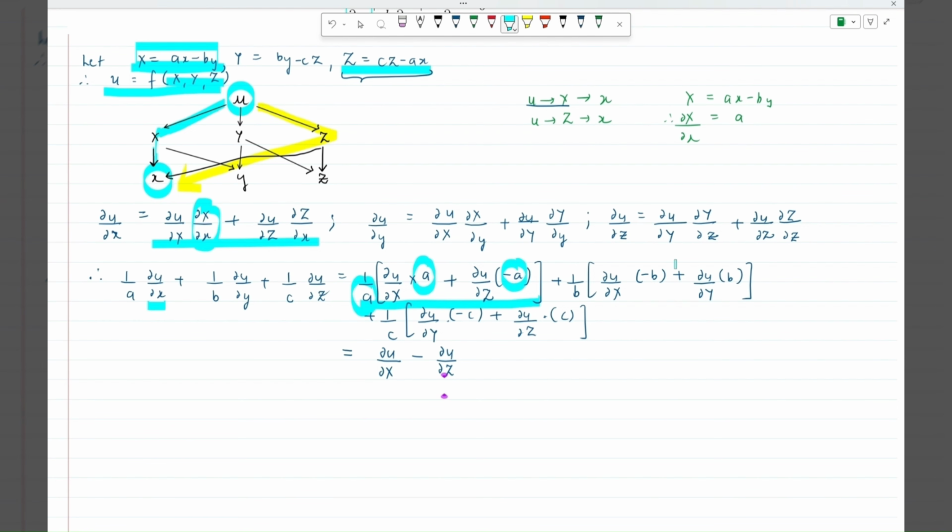Likewise from the second term we can see that we have a factor of b which gets away with 1 over b.